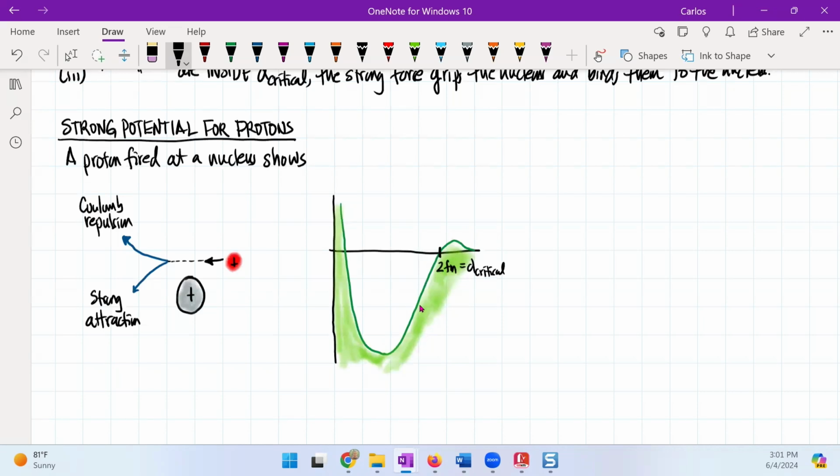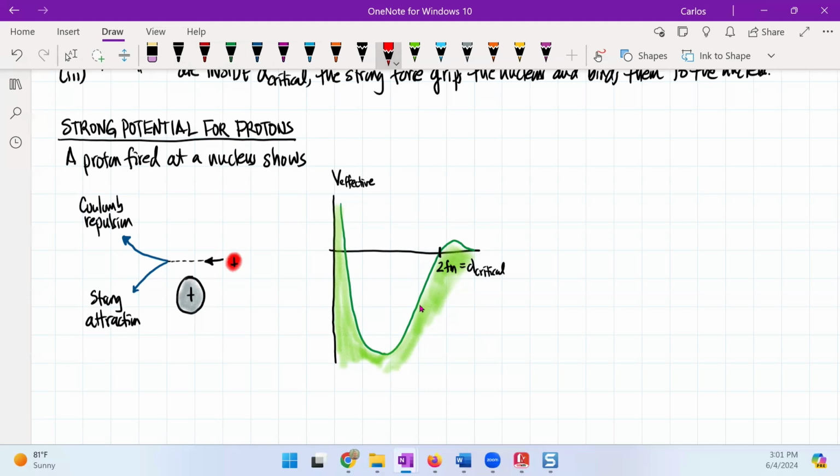Now, this has a lot of terms. This is our symbol for the potential function, but it includes numerous terms. So I'm going to say that this is the effective potential, and I'll show you what that means now. Now, I'm going to do the exact same thing, but I'm going to fire a proton at this.